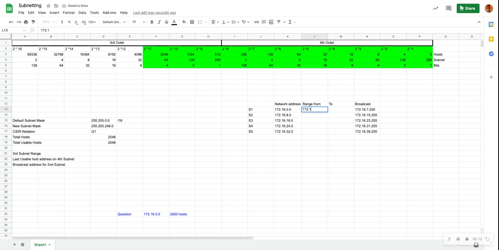So the first usable addresses on these networks would be 172.16.0.1, and then 172.16.8.1, 172.16.16.1, 172.16.24.1, 172.16.32.1. Then the last usable address should all end in 254.